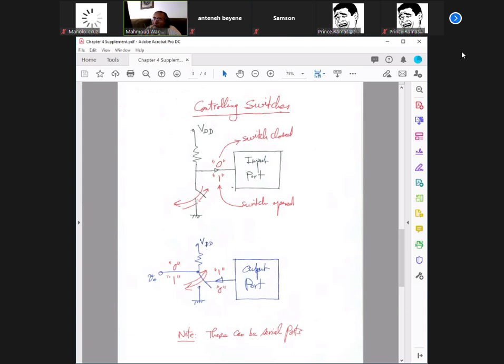Now let's look at this first example. A switch. By the way, nobody should get scared by seeing a switch. You're going to say, okay, where are we going to buy the switch? The stores are closed and all of this. You don't have to buy any switch in this course, in the lab. The switch is nothing but the closure of 2 points.